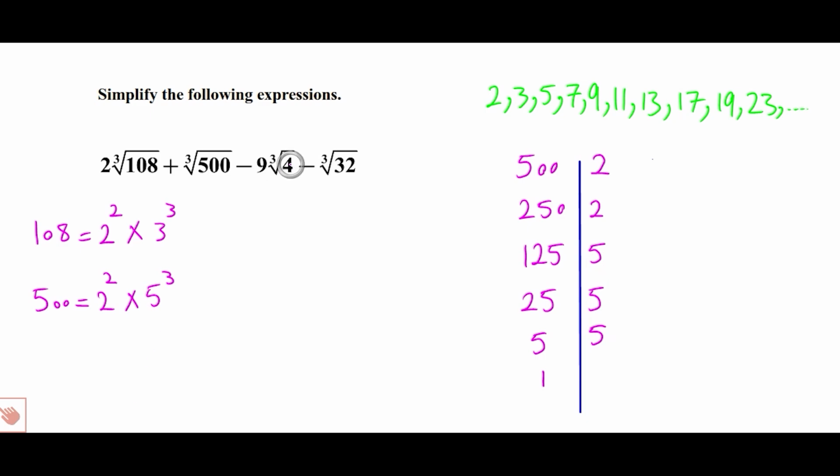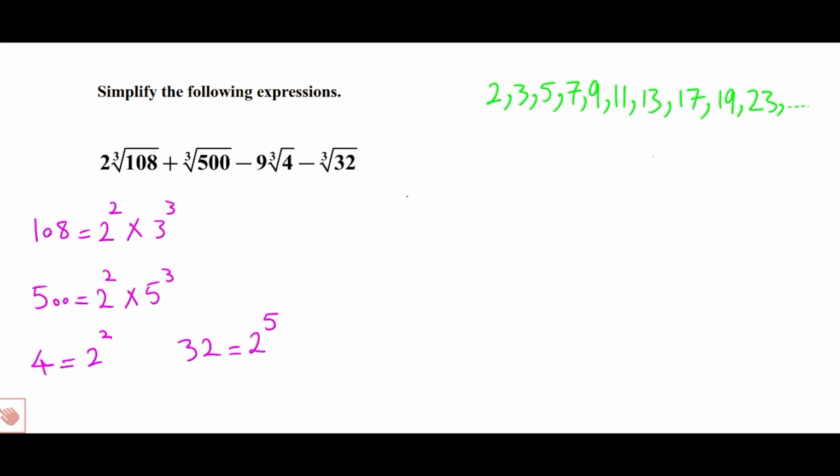And the next number is 4. 4 is equal to 2 squared, and 32 is equal to 2 to the power of 5. Actually, we turn the numbers into exponents.